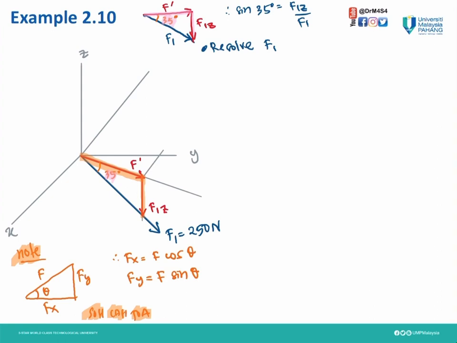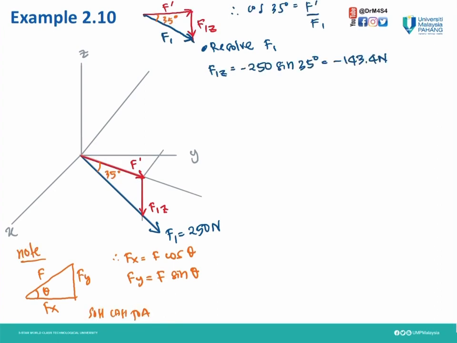Therefore, by using sine 35, we can get our F1Z. Don't forget the sign is negative because the Z-axis is on the negative side. So we get F1Z is negative 143.4 Newton.